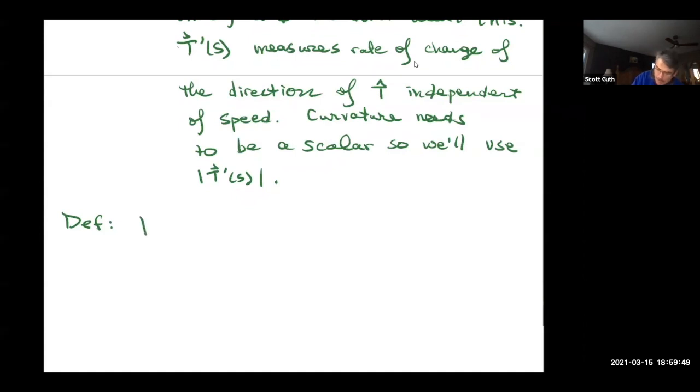Kappa is curvature, and it's just the magnitude of T prime of s. Okay, which is an absolutely unworkable formula. So I just say this is a non-computational formula.